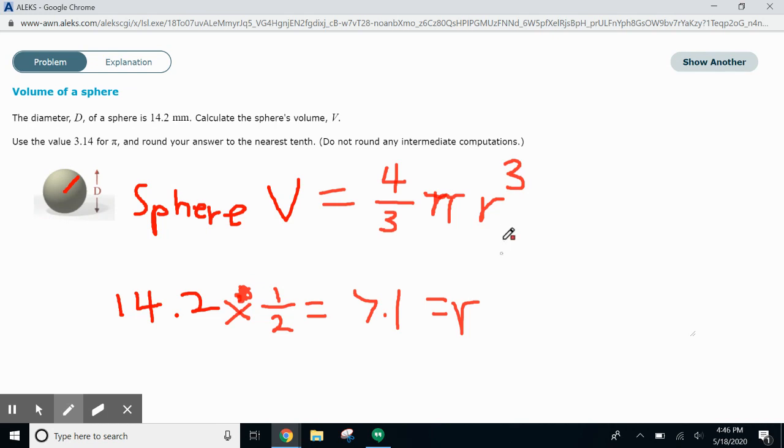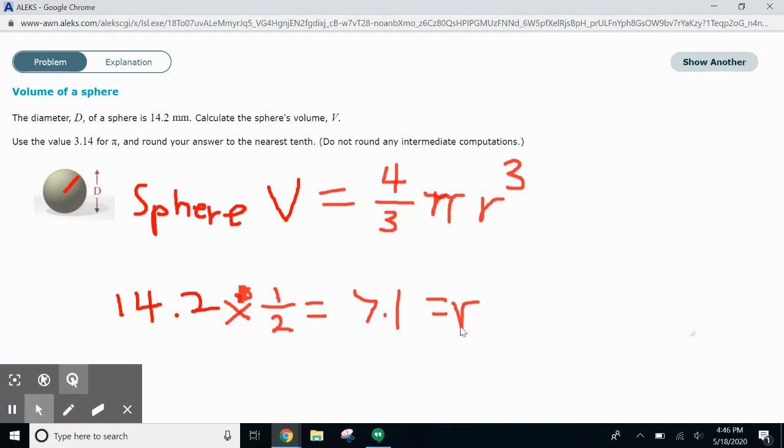For those other ones, we're multiplying by R squared and H, so that's R, R again, and H. That's three things we need to multiply because we're in the third dimension, three different measurements. But for this one, we only have the radius. We don't have a height, so we're going to multiply radius 1, 2, 3 times. Radius times radius times radius.